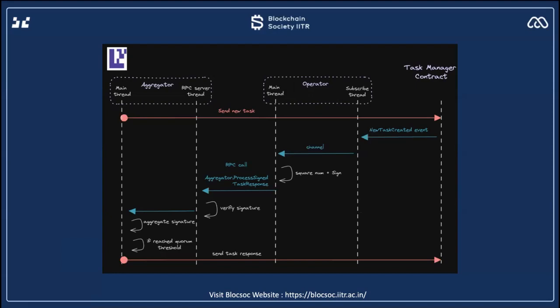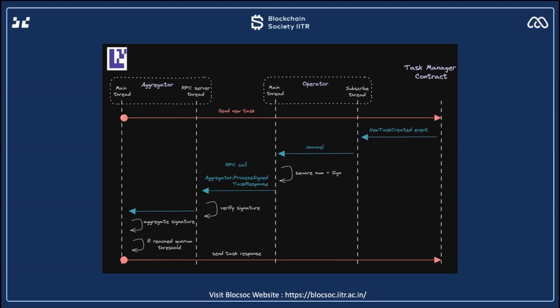Now these distributed networks are generally written in Golang, and Golang has some concepts like Go routines and channels. Go routines are used for concurrency, to concurrently execute operations on multiple threads. And channels are a communication method that can send data from one Go routine to another.